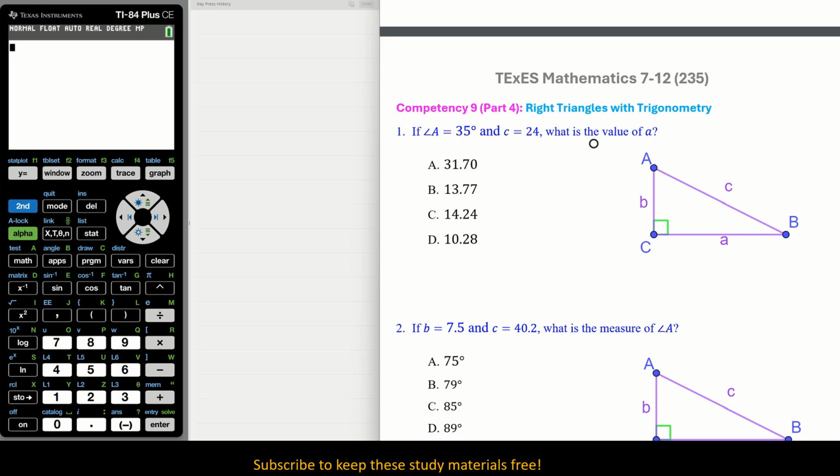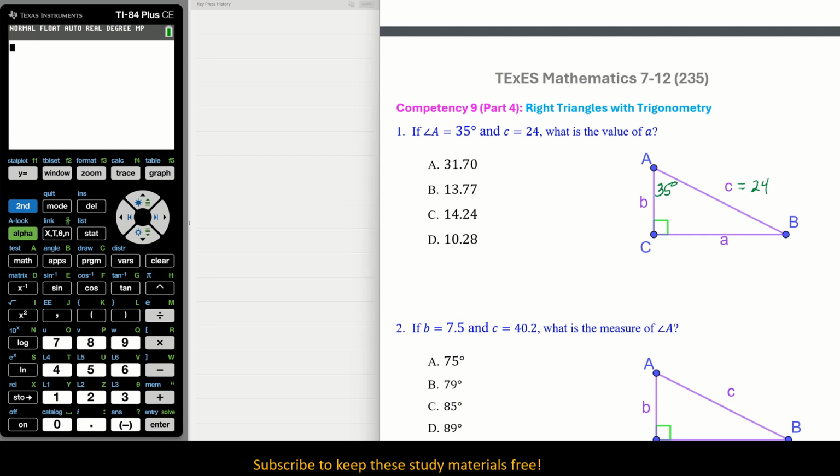Number 1, if angle A equals 35 degrees and C equals 24, what is the value of A? Okay, so let's see. C equals 24 and A equals 35 degrees.